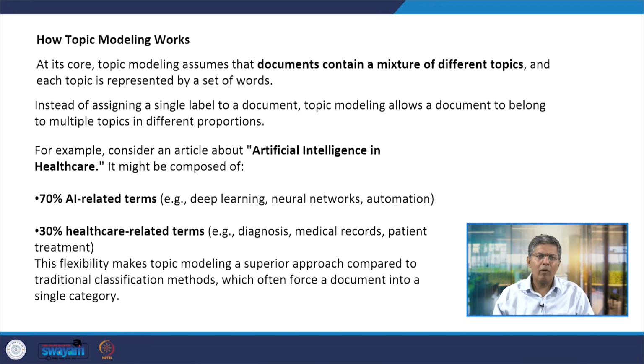So, how does topic modeling work? At its core, topic modeling assumes that documents contain a mixture of different topics, right, and each topic is then represented by a set of words. So, there is a document which has different topics, obviously, as we saw in the reviews.